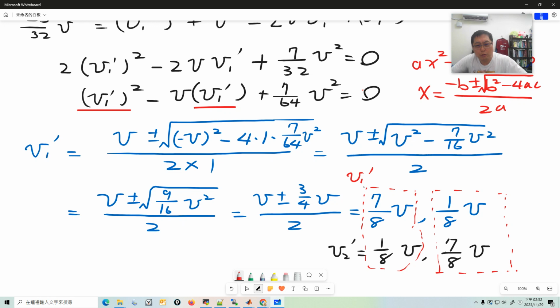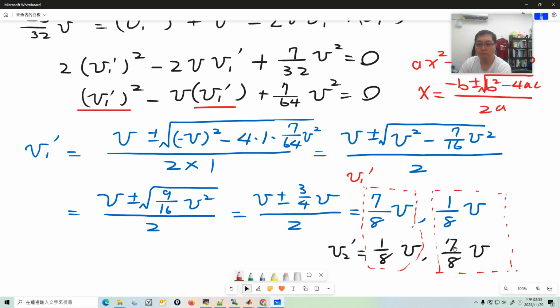Because there's no information for v1 prime, maybe the right one sounds more reasonable, because when a car hits a car at rest, the impact car will carry more velocity.